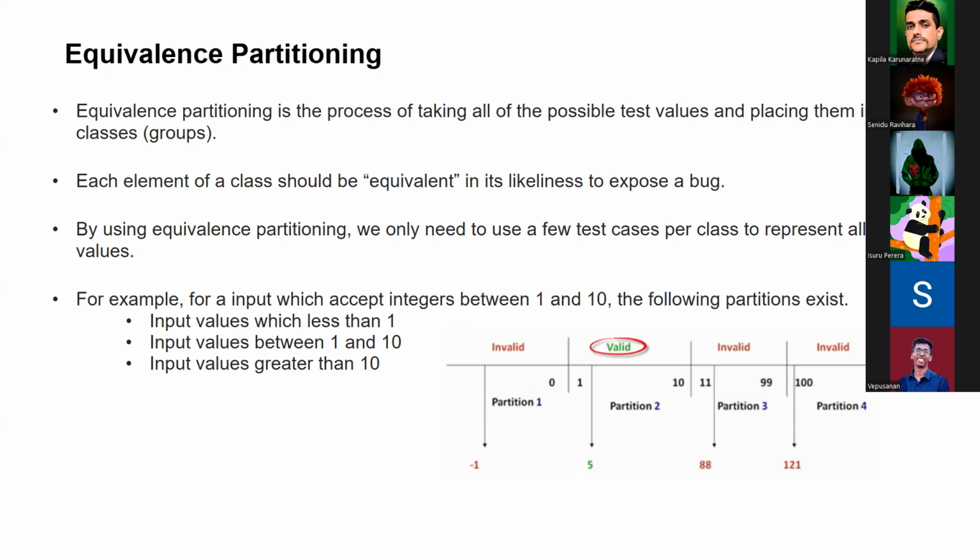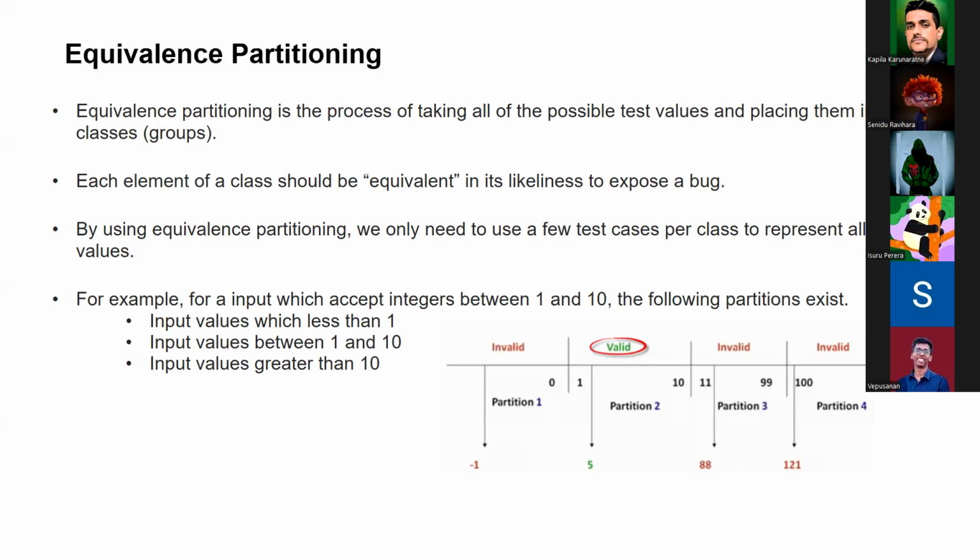Ideally, you would need to write test cases for 0, 1, 2, 3, 4, 5, 6, up to 120. To test whether the application works for each age, you would have to write 121 test cases. Ideally, you need to do that.